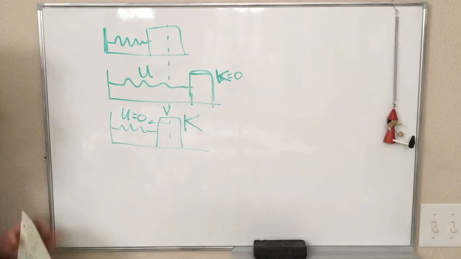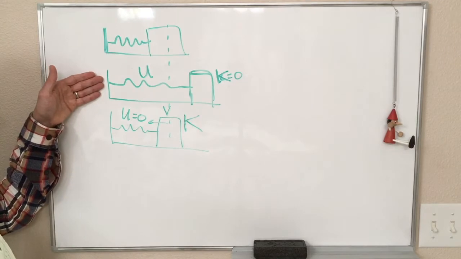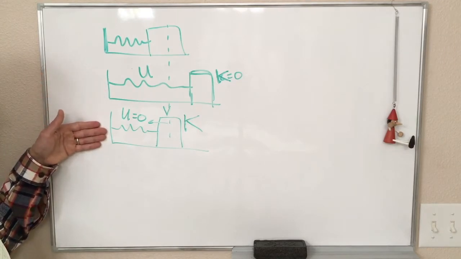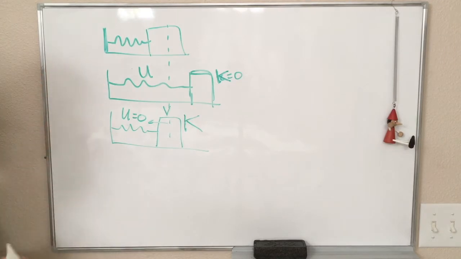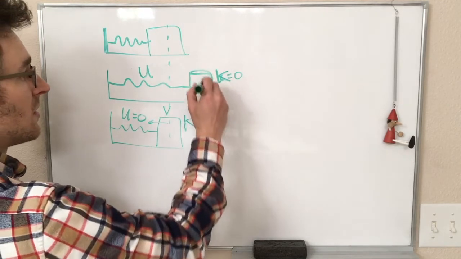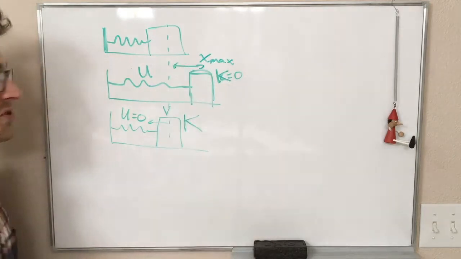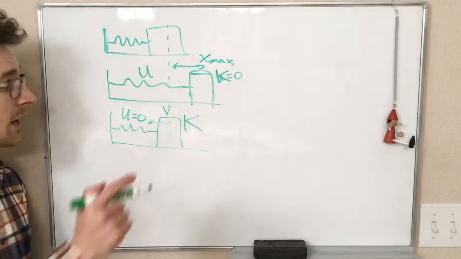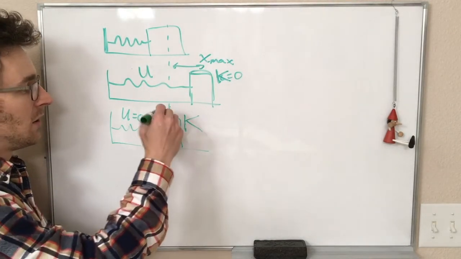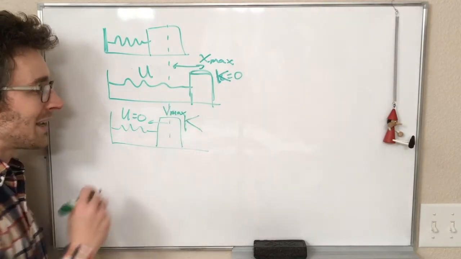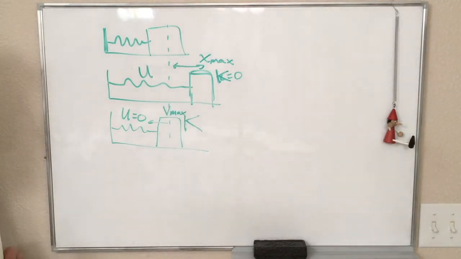So in other words, we start out with energy that's potential and not kinetic. We end here with energy that's kinetic and not potential. And what's important here is this is our furthest position, x max. And this velocity here is our highest velocity, v max, when we have no potential energy left.